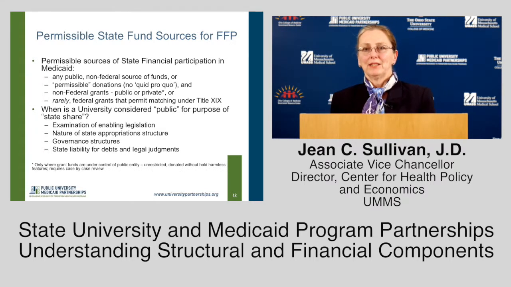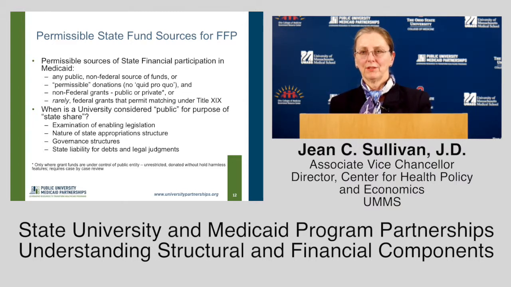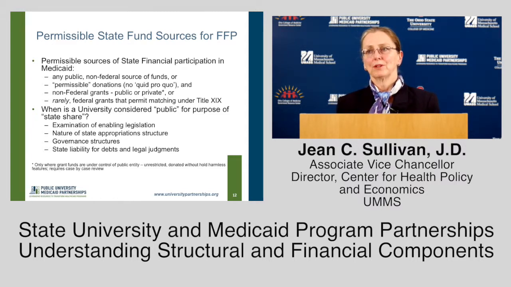Any public entity, whether it's a state agency or a public university, is expending money for Medicaid relevant activity, and it plans to be drawing down federal matching funds for those expenditures. It's important to consider what the source of the funds for the expenditures have been.